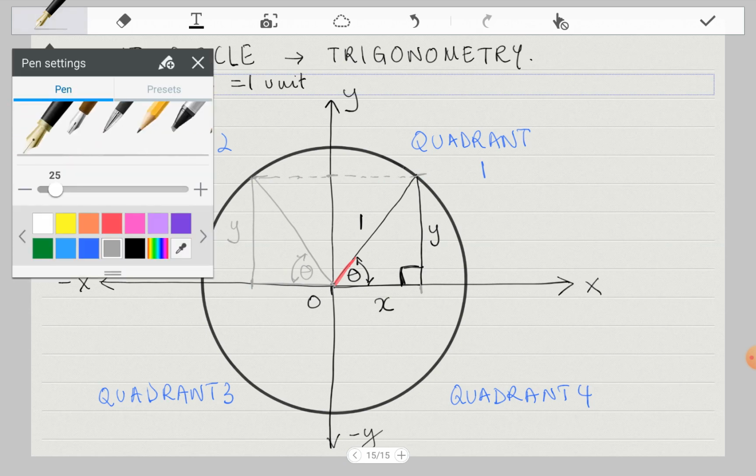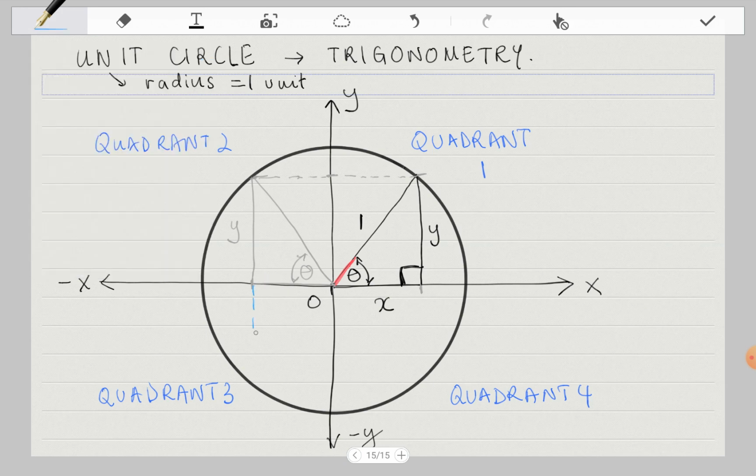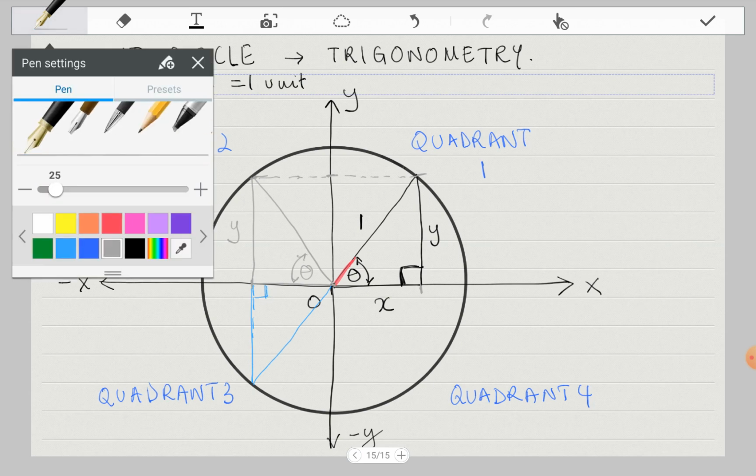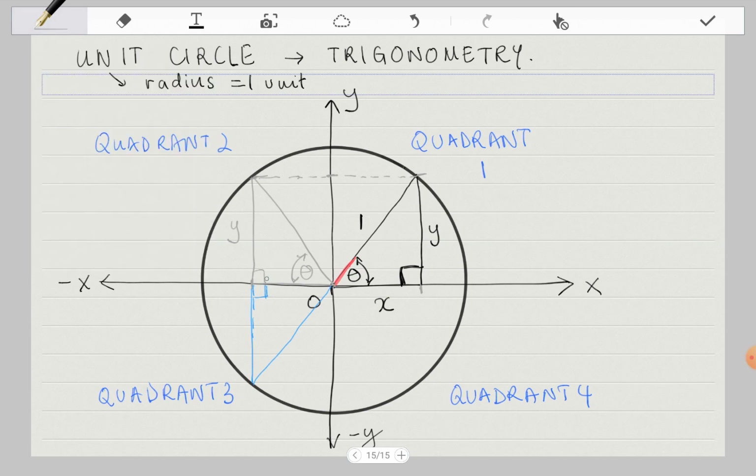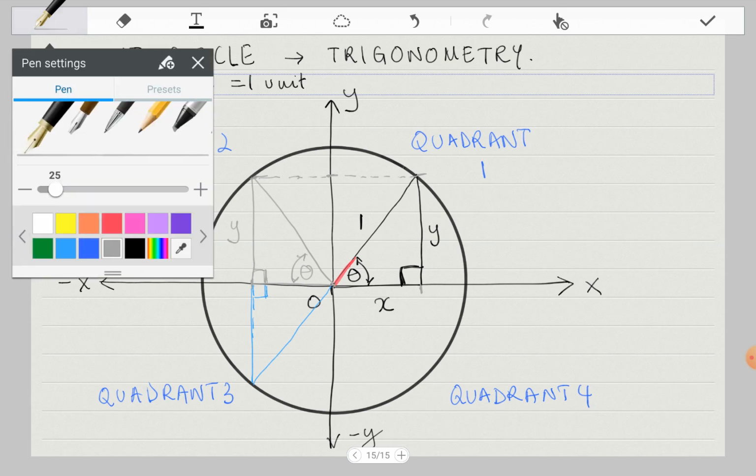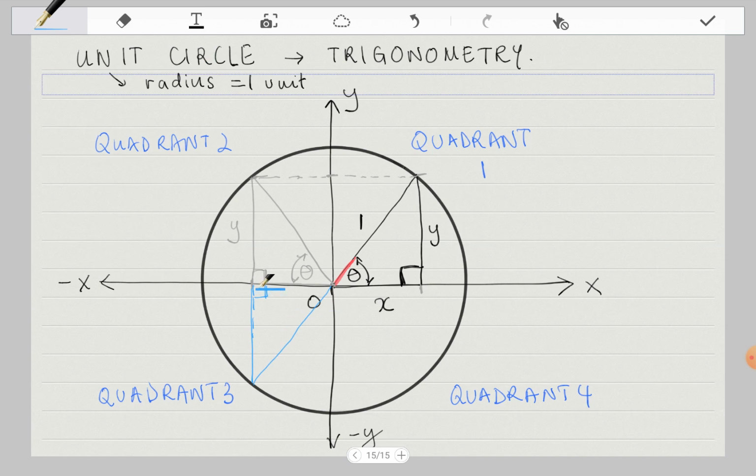And then moving along down here to the third quadrant, you can draw that same triangle in here as well. Remember this is a right angle triangle. So if we draw that right angle in there, coming down to this triangle, we see that we've got a negative x again on here, and this time a negative y.